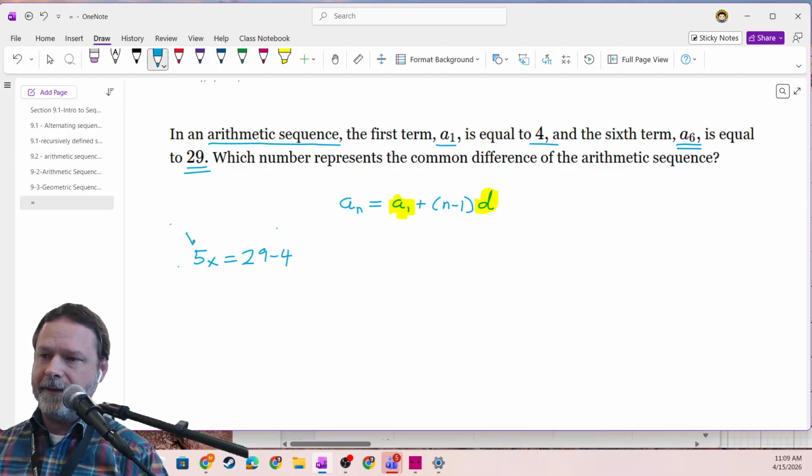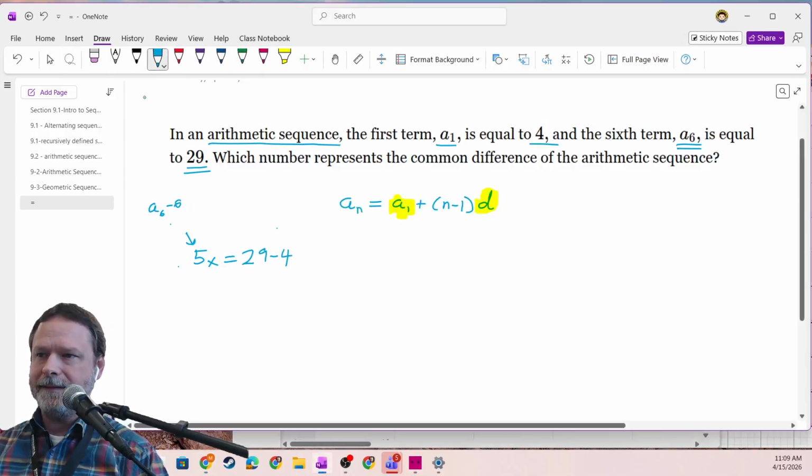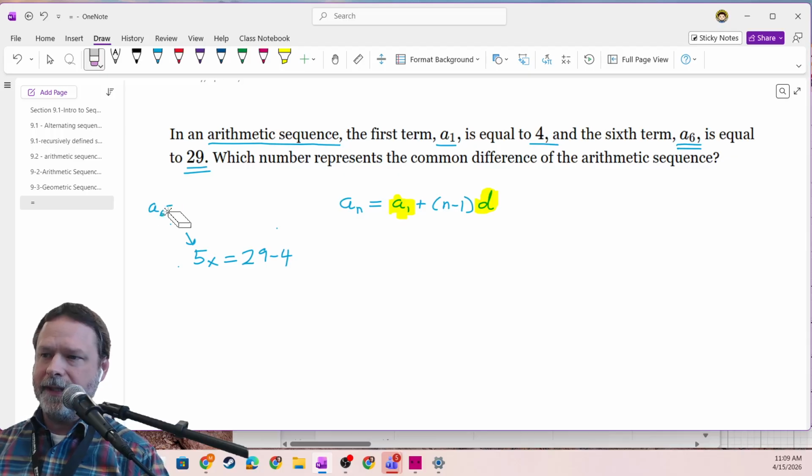That 5x is really a6 minus a1. And that's not really the notation I should be using. It's 6 minus 1, but it's coming from that a6, a1, right? That's how we're getting the 5.